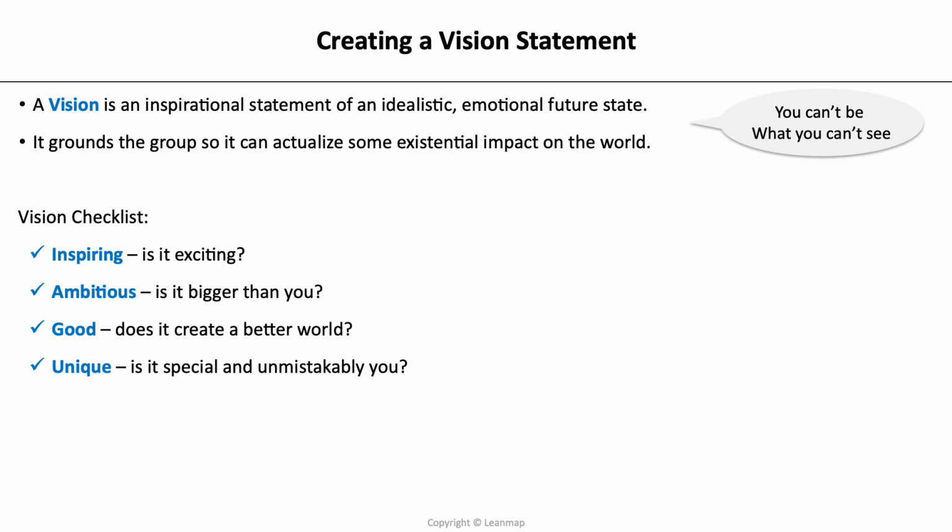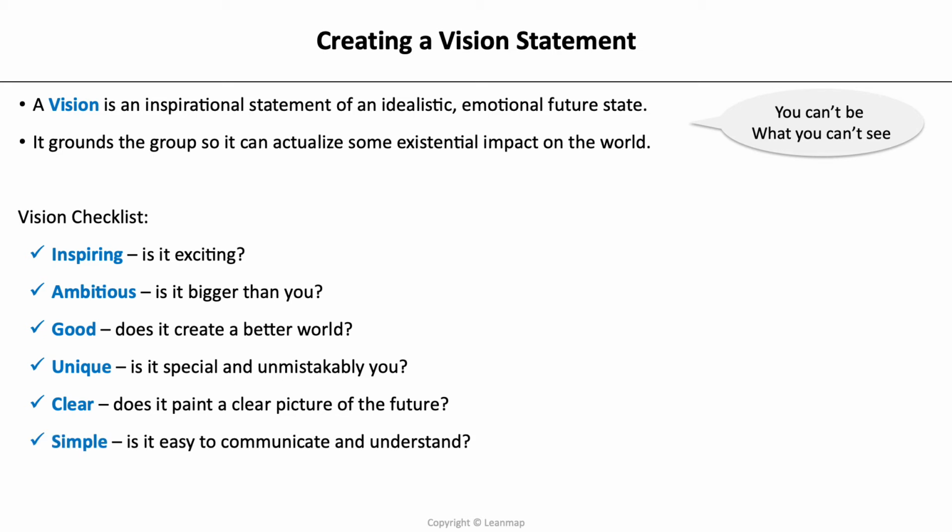Is it special and unmistakably you? Is it clear? Does it paint a clear picture of the future? It must be simple. Is it easy to communicate and understand? And it must be feasible. Is it real, not too broad or reliant on superlatives?